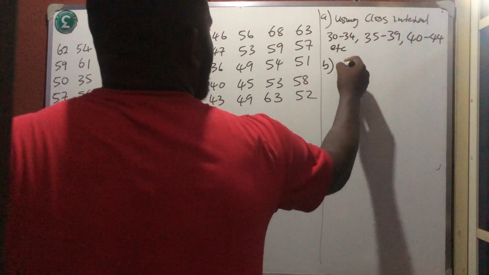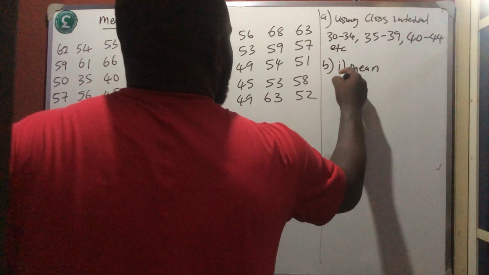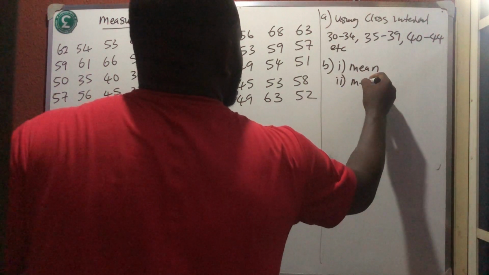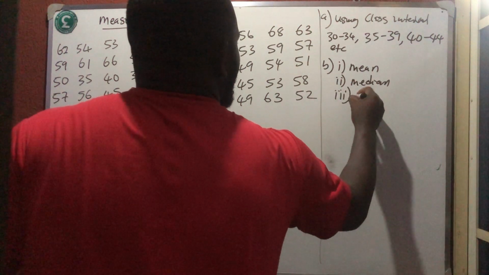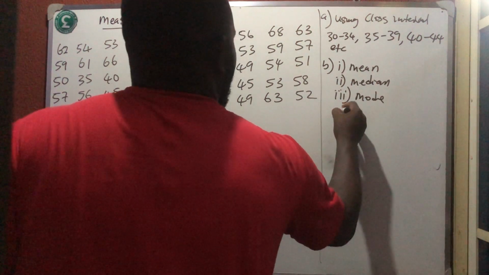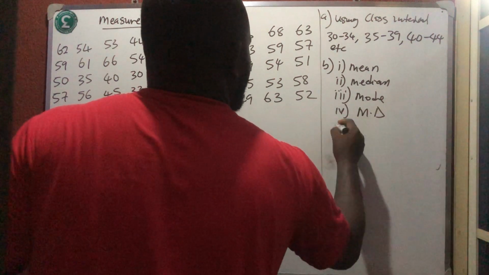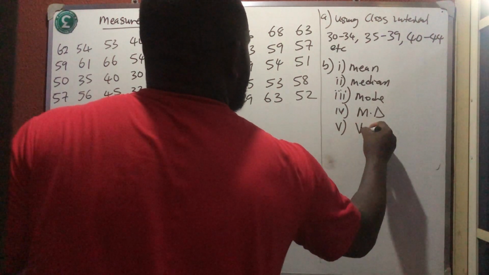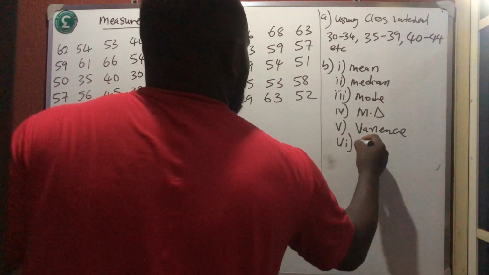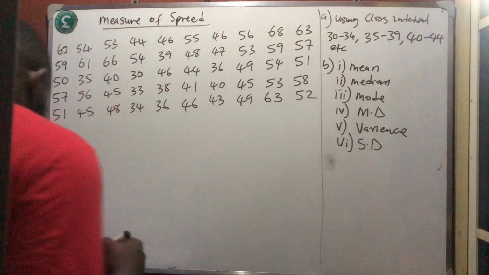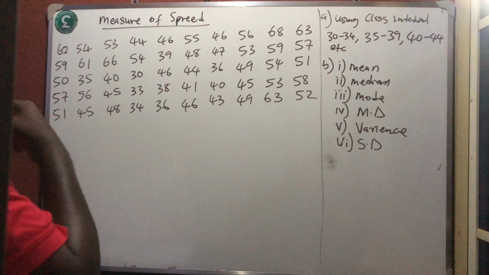Then part B said calculate: one, the mean; two, median; three, mode; four, mean deviation; five, variance; six, standard deviation. Okay, so these are the things they ask us to calculate. So let's do that fast.